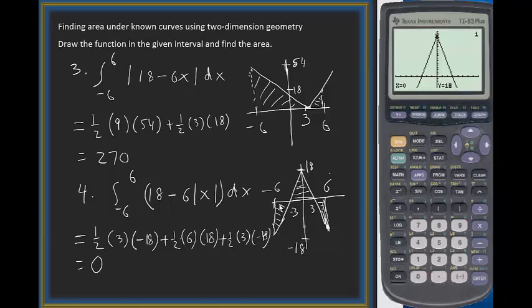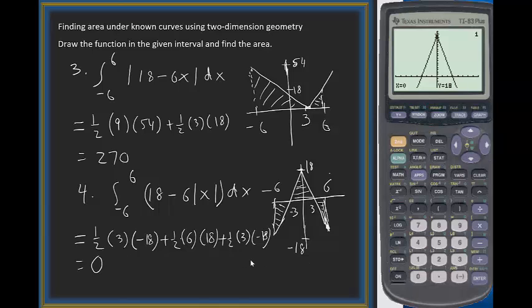Also you can say that this triangle is below the x-axis, so the area will be negative. That side will be negative, only this one will be positive. The triangle in the middle, from negative 3 to 3, is 6 units, and the height is 18. So you take 1/2 times 6 times 18, plus the other one here, 1/2, 3 to 6, length is 3, and that height here is negative 18, you see, from the scale.